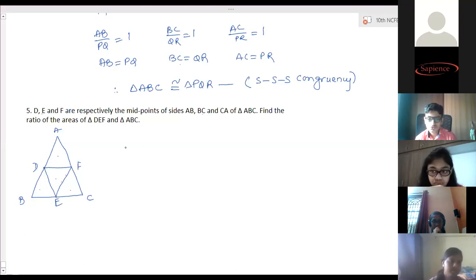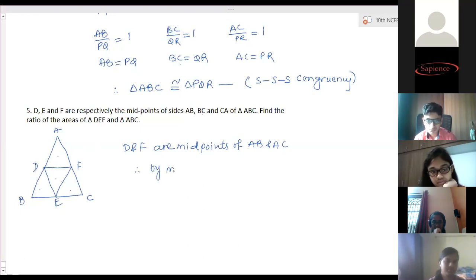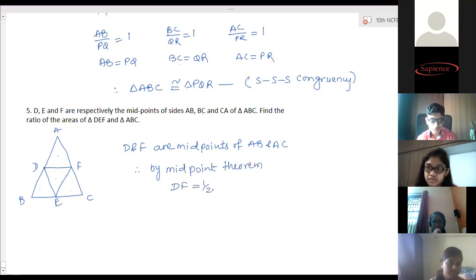Okay, I will show you first. D and F are midpoints of AB and AC. Therefore, by the midpoint theorem, DF is half of BC. So DF by BC is equal to 1/2.